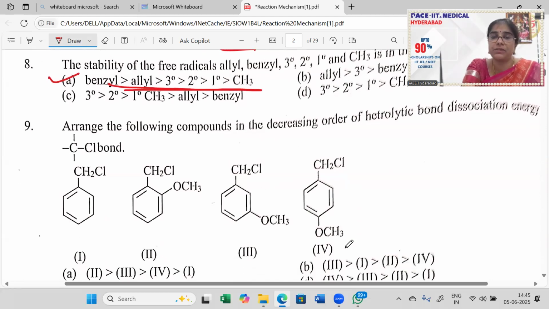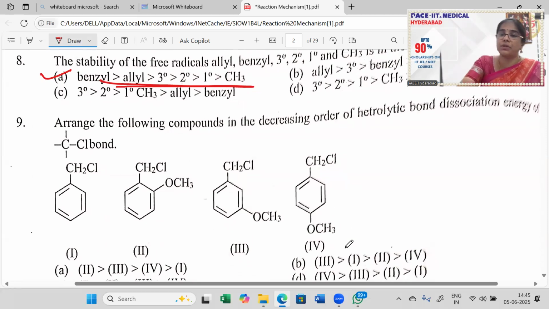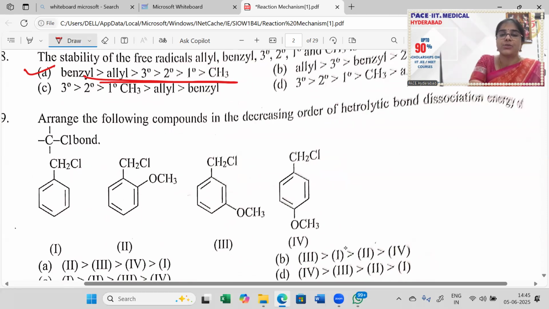Next, arrange the compounds in the decreasing order of heterolytic bond dissociation energies. Everywhere we need to talk about carbon to chlorine bond dissociation, which means chlorine takes the electron and moves away, thereby carbon attains a positive charge. Chlorine is taking the electron and moving away, carbon attaining a positive charge. Now, who can stabilize this positive charge? Which means who can reduce this positive charge?